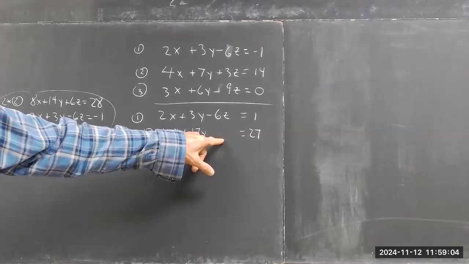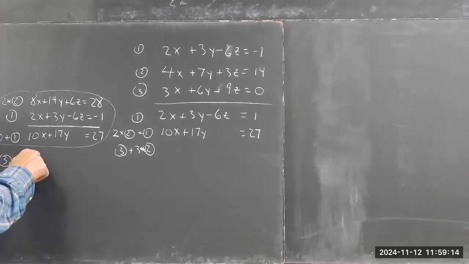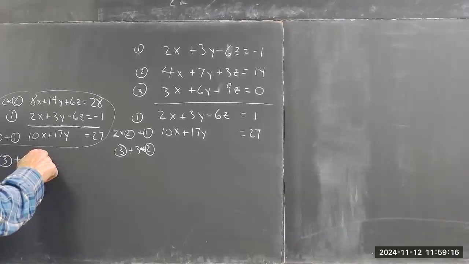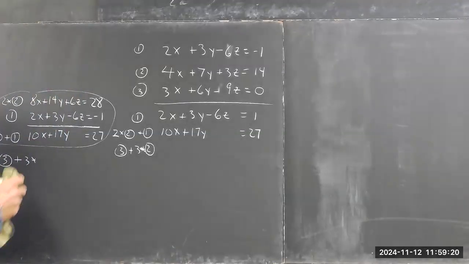All right. So again, calculate this over here. Now we do the same step here. We want to write out 3 plus 3 times. No, we don't want to do the whole thing in one step.